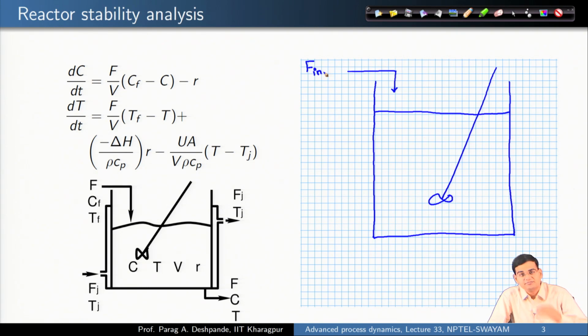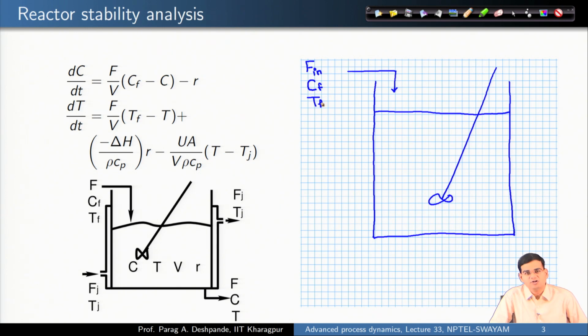In the inlet, the concentration of the species is maintained as C_F. F stands for feed. So, the concentration of the species in the feed, and then what will also be there is a corresponding temperature of the inlet stream, and that would be denoted as T_F. Fine.